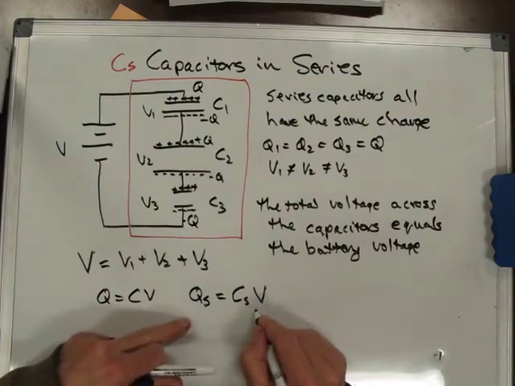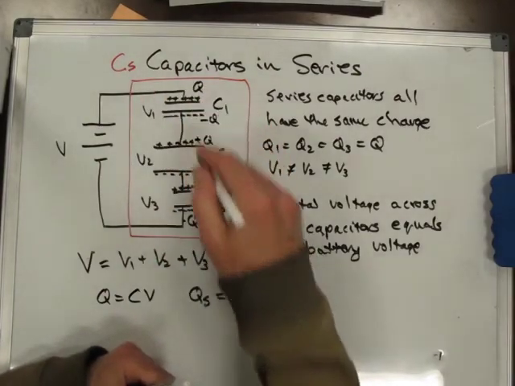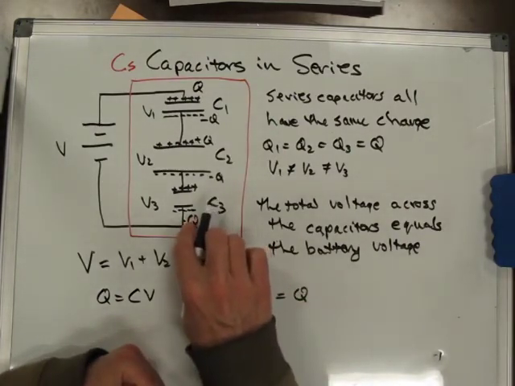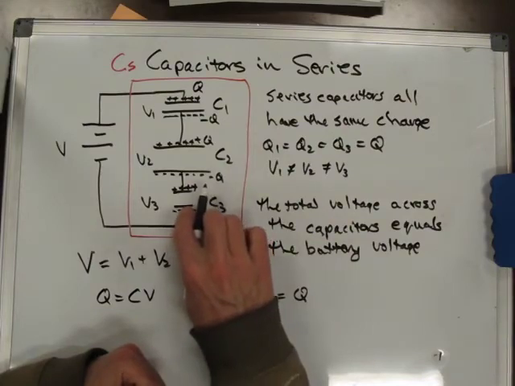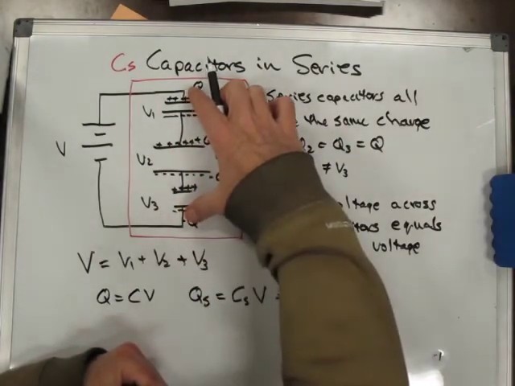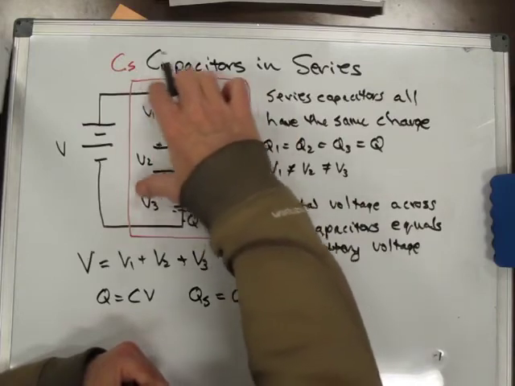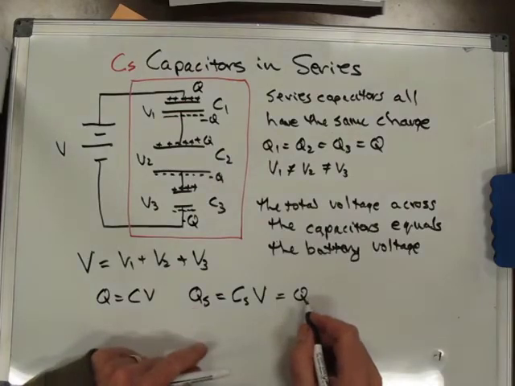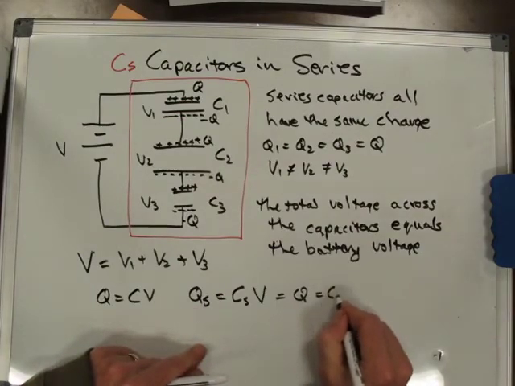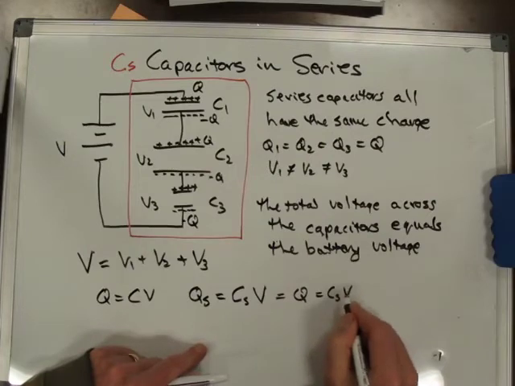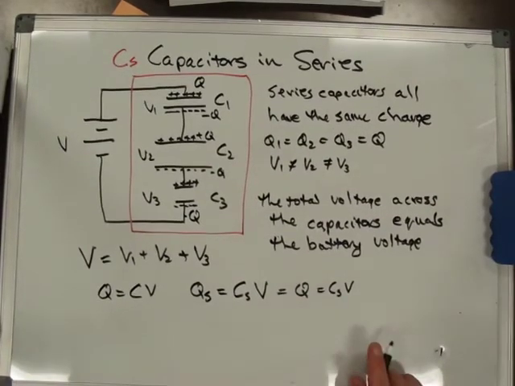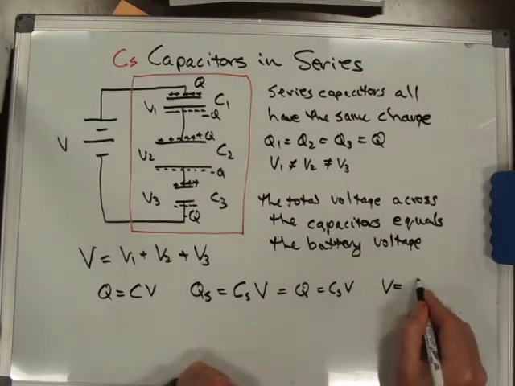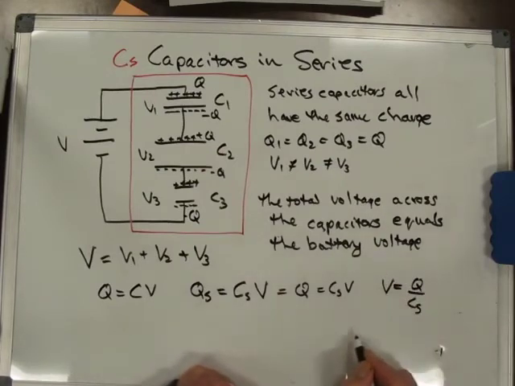Now here's the thing. The charge that runs onto the red box is actually just Q, because the charge that runs in is just going onto these two plates. I just have Q running onto here and minus Q running onto here, which says Q is on the capacitor. So my Q series is just Q, and that's equal to C series times V. So now I can write V equals Q over C series.